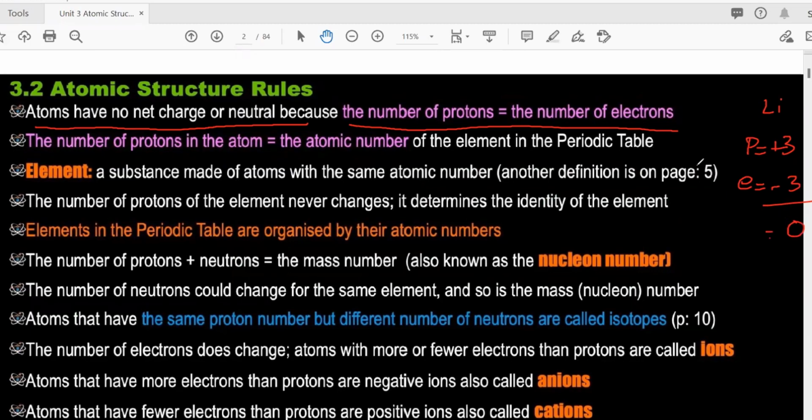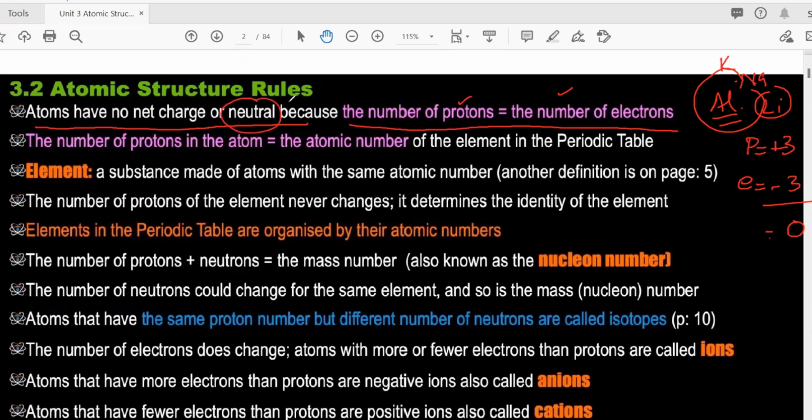It means that in an atom, you should know, this is a rule. Whenever they talk about a lithium atom, sodium atom, potassium atom, aluminium atom, any atom, the number of protons is always equal to the number of electrons. And due to that, an atom is always neutral.